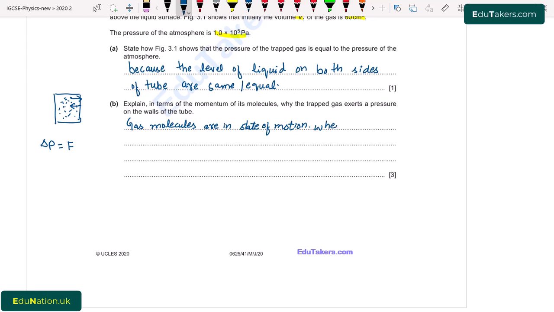When they collide with walls of the tube, their direction will be reversed and they bounce back.